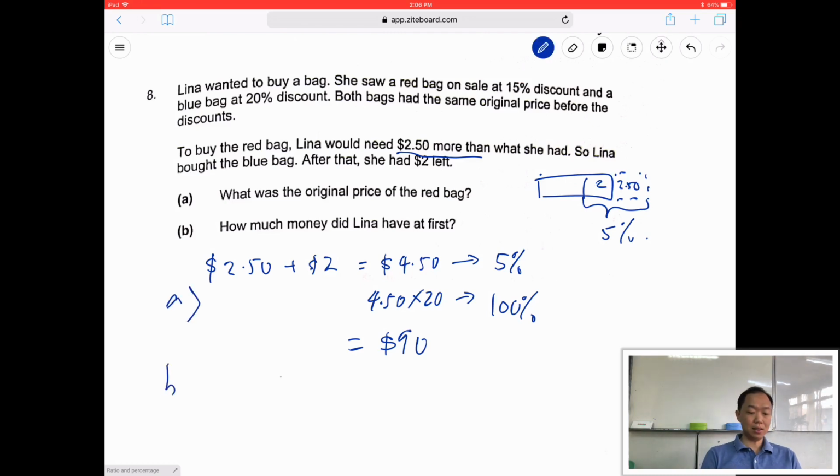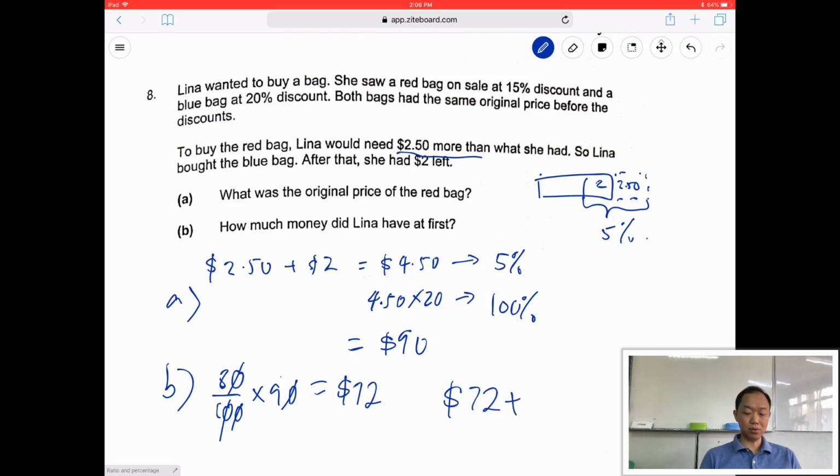So part A is done. For part B, the original price is $90, so we give it a 20% discount, which is 80 out of 100 times $90, which is $72. So she paid $72 for the blue bag and had $2 left. So how much did she have at first? 72 plus 2, that's $74. Yeah, that's correct.